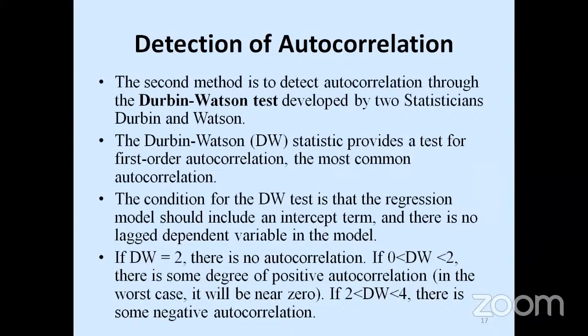If DW is 2, then there is no autocorrelation. If DW is between 0 and 2, then there is some degree of positive autocorrelation. In the worst case, it will be near 0. If DW is between 2 and 4, there is some negative autocorrelation.